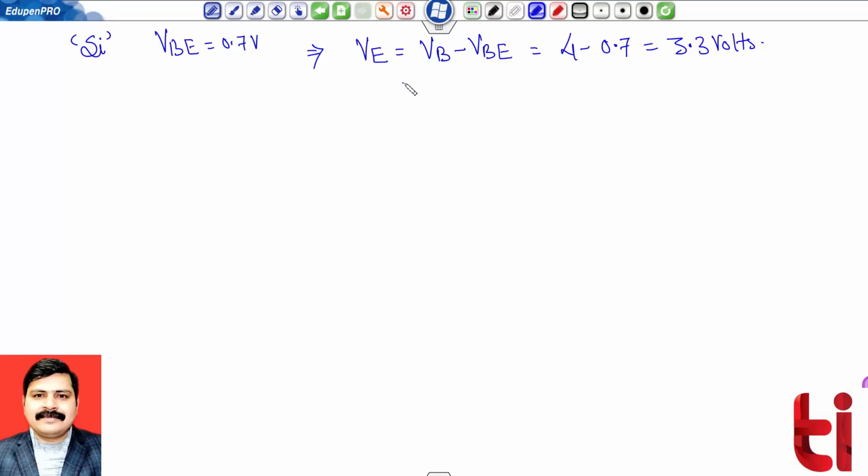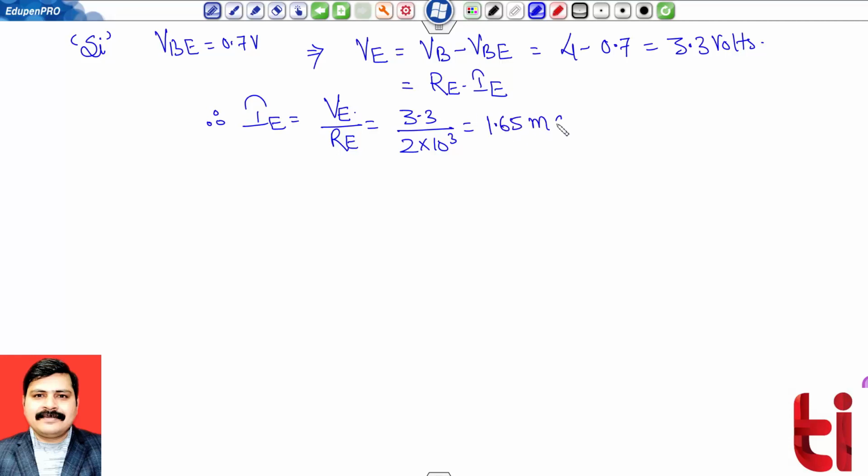Further, we also know that VE equals Re into emitter current IE. Therefore, I can calculate the DC emitter current equals emitter voltage upon emitter resistance Re. And this is 3.3 divided by 2 into 10 raised to power 3. So my DC current is 1.65 milliampere.